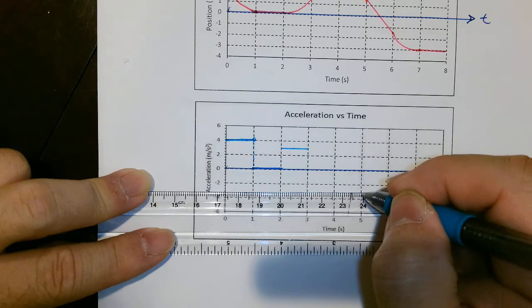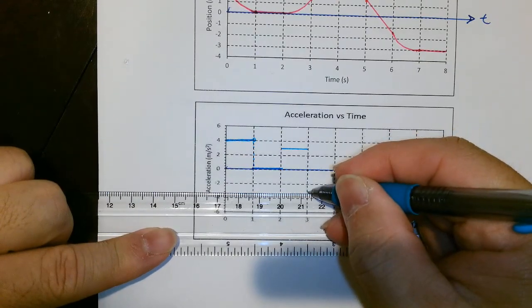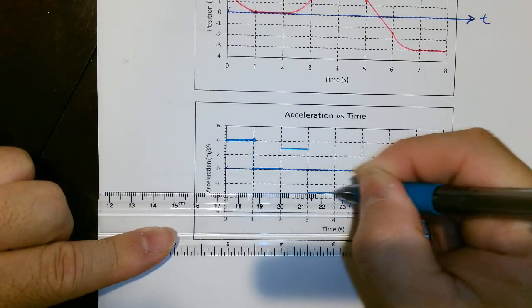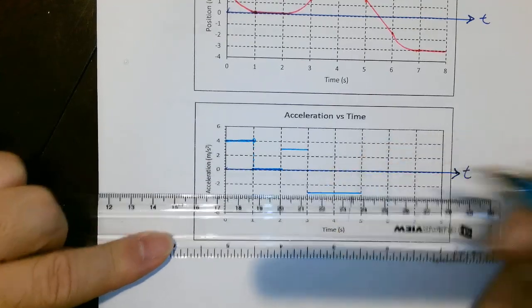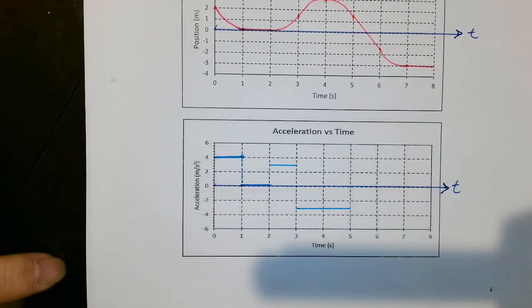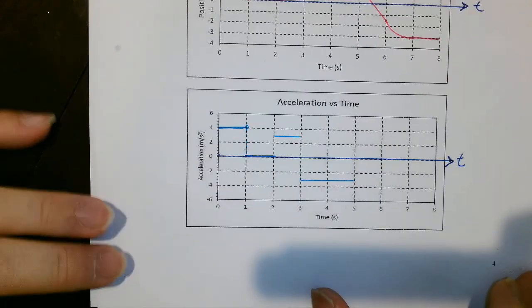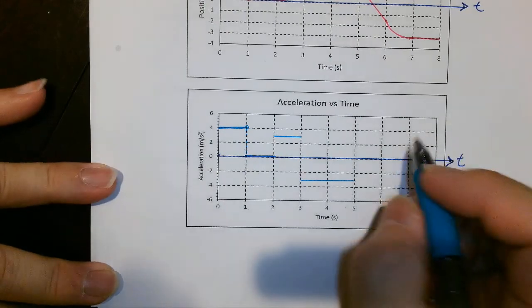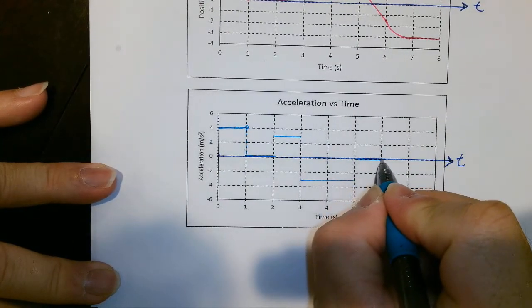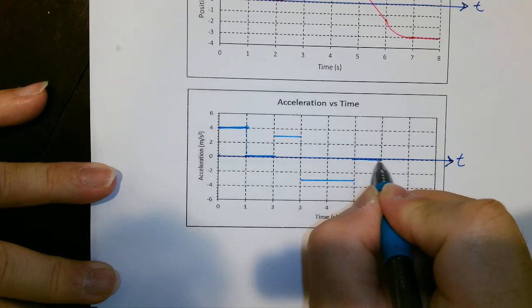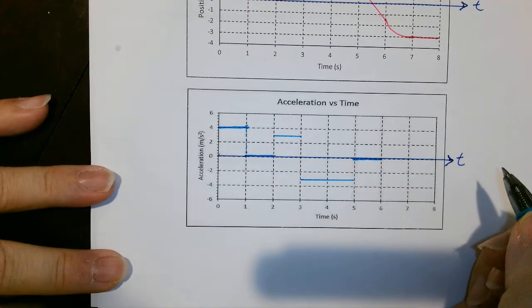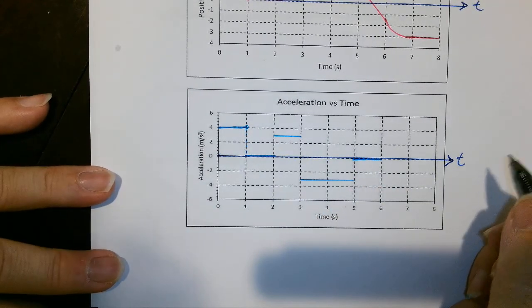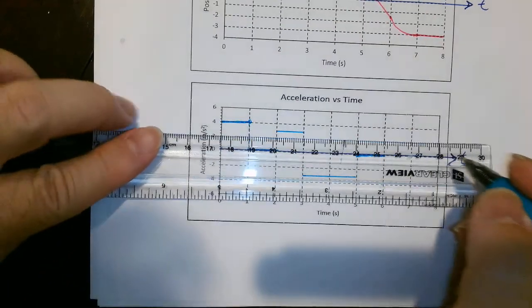And 4 to 5 is also negative 3. So voila. And then 5 to 6 is 0. Right? I'm going to put 0 here. 6 to 7 is positive 3. Right?